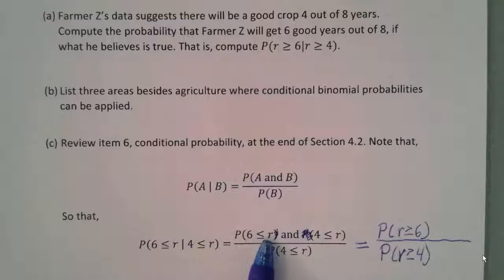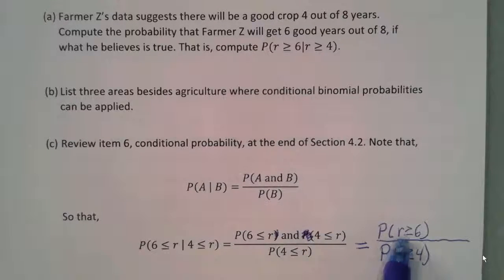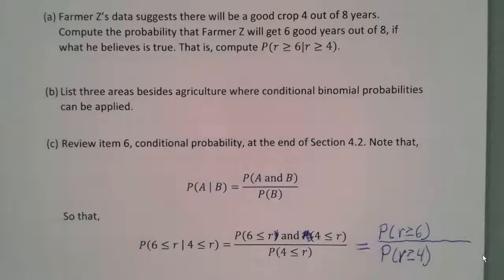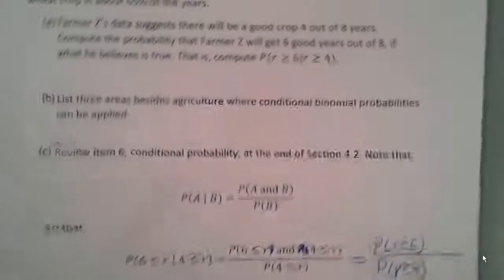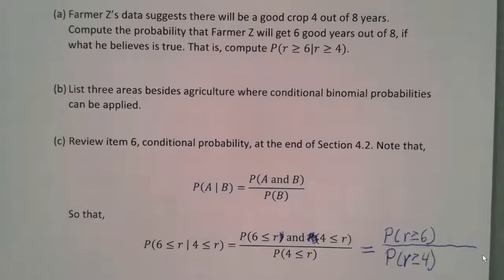So if you have at least 6 successes and at least 4 successes, that can be simplified to simply saying you have at least 6 successes. So that translates to this, and that is the way this part up here is going to be worked. So let's dig into that and do that calculation.